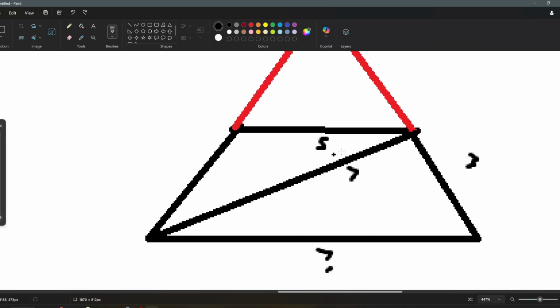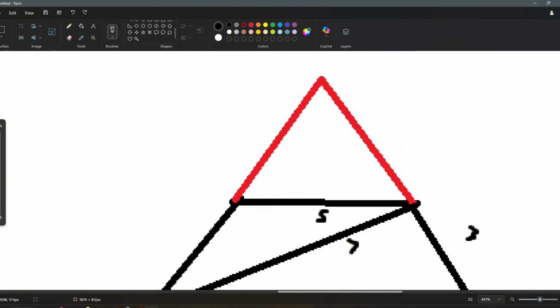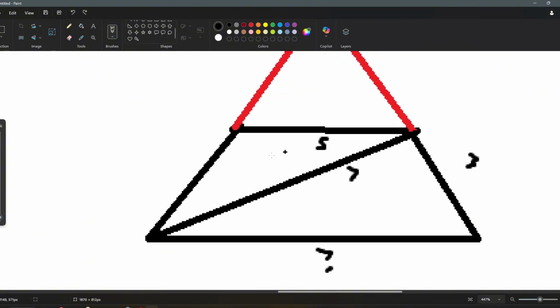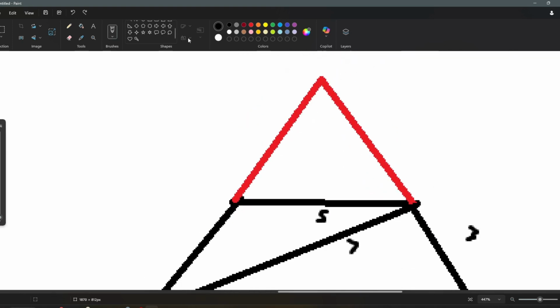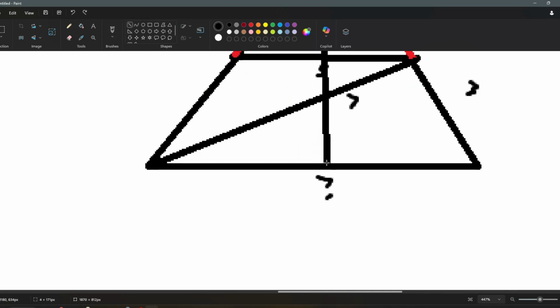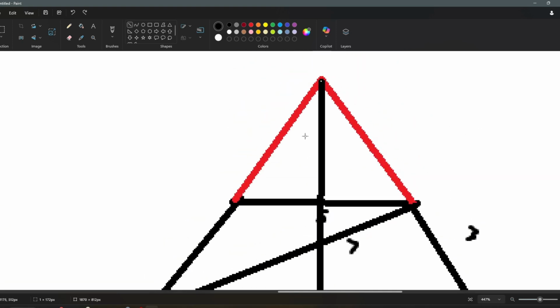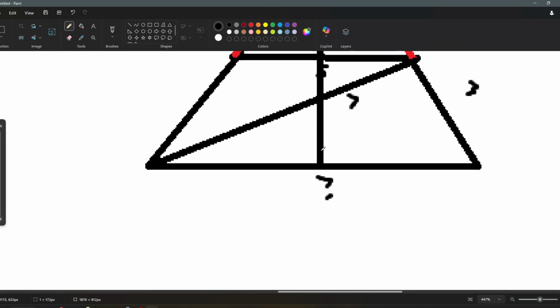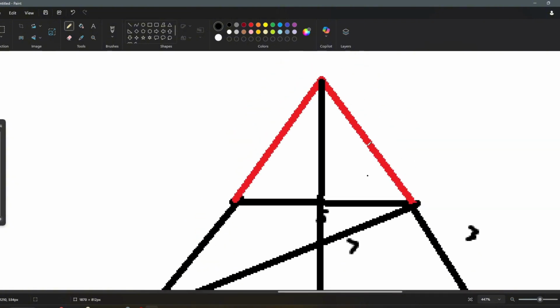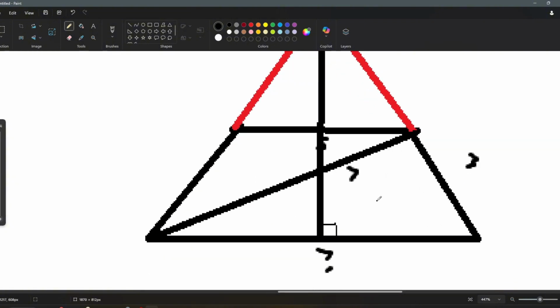Let's see. Well, if I were to change the lengths of the bases, then this triangle will get bigger and smaller compared to this triangle. So that's something. If I were to bisect this in half, does that give me anything?